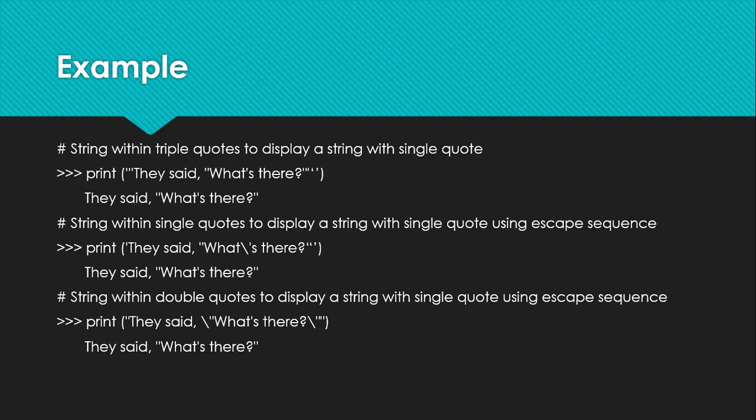The entire string is enclosed in triple quotes. So this will not throw an error, because you're using triple quotes to represent a string, and in that string there is a double quote. When you enclose the entire string in triple quotes, you can have a double quote within it without any escape sequence. Now look at the second example.